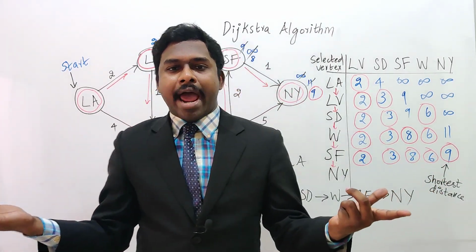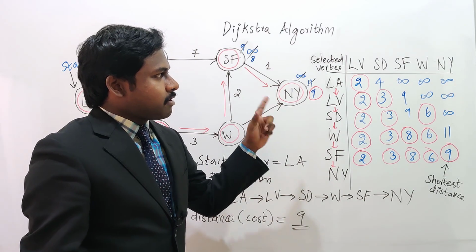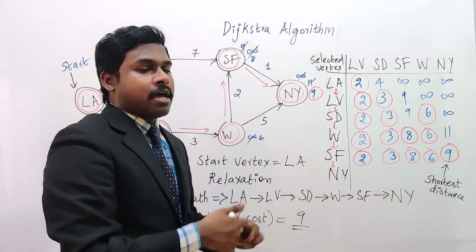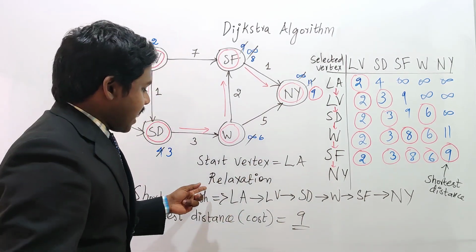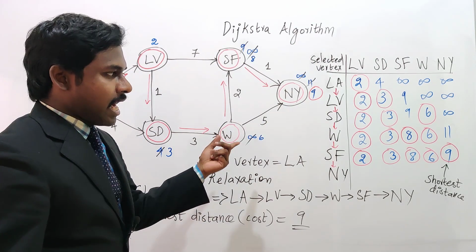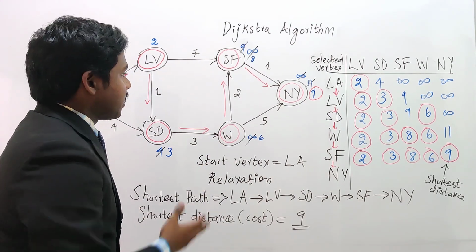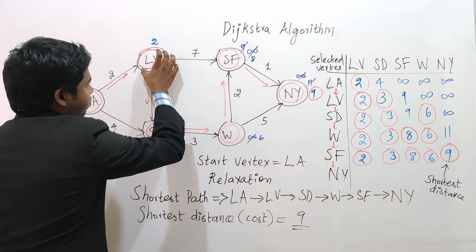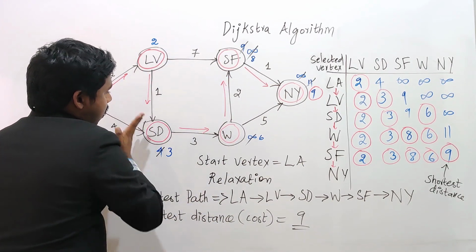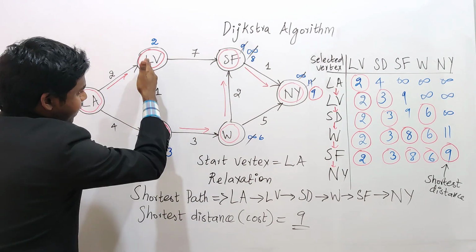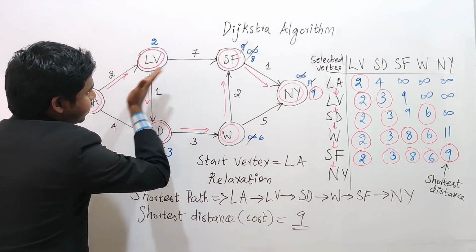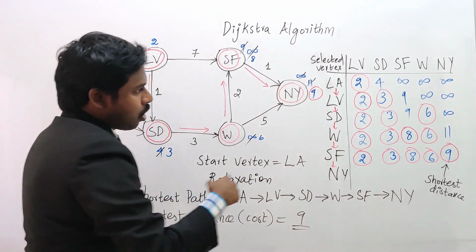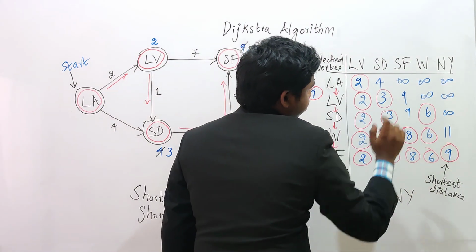It's quite simple, right? We modified the different distances in different steps, and that process is relaxation. We did relaxation, and it is all based on how many directions go out from a node. So LV has two directions, and from here we modify the two directions.